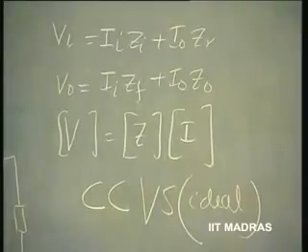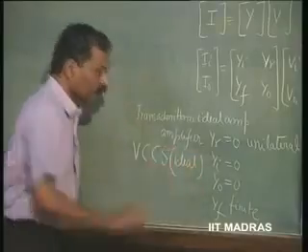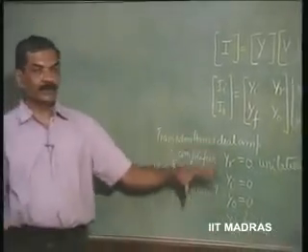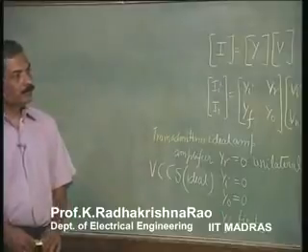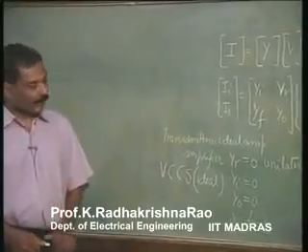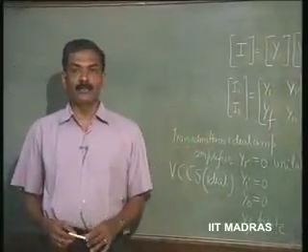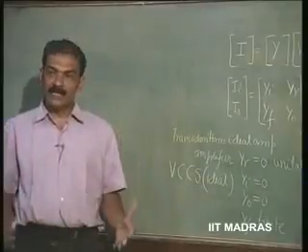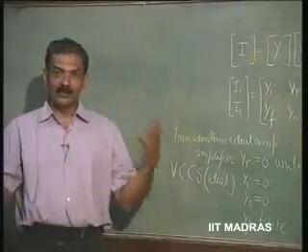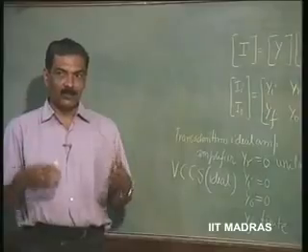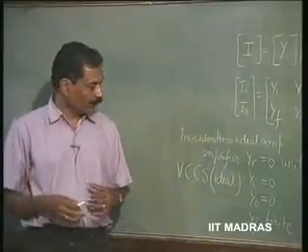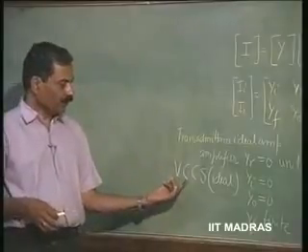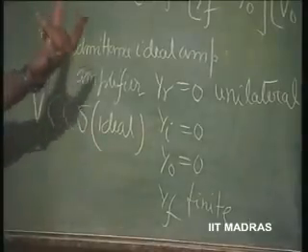Now, one would say that these two amplifiers are more basic than the other two amplifiers. What are the other two amplifiers? Voltage controlled voltage source and current controlled current source. Why? You can see this is voltage controlled current source and that is current controlled voltage source.